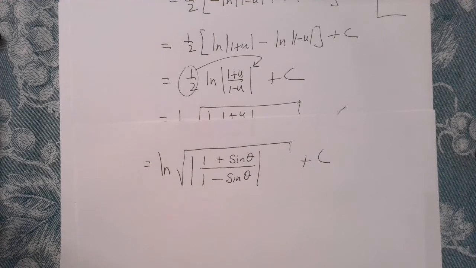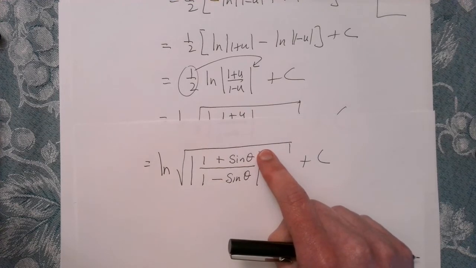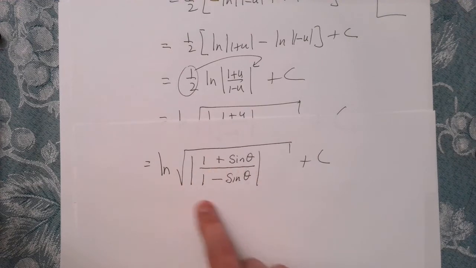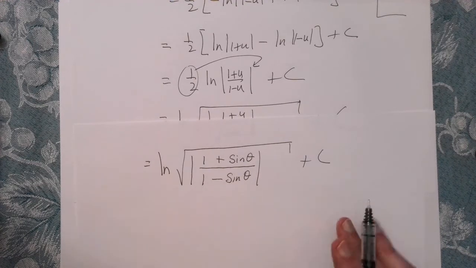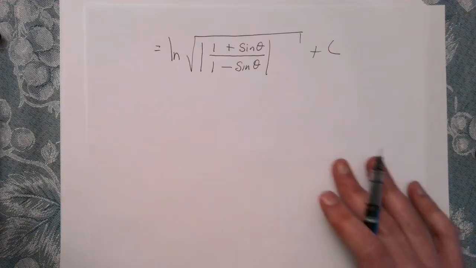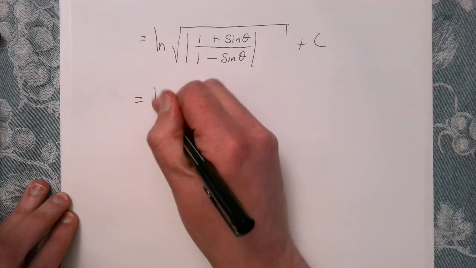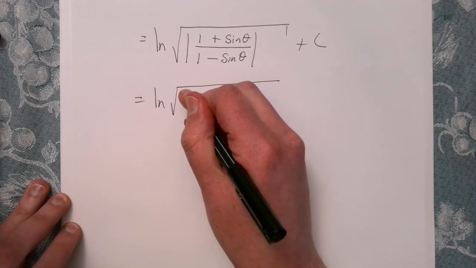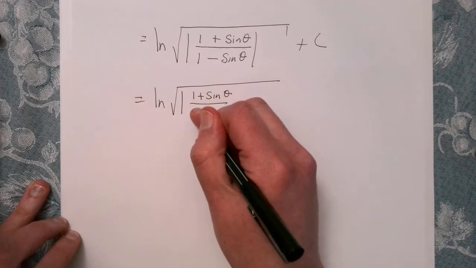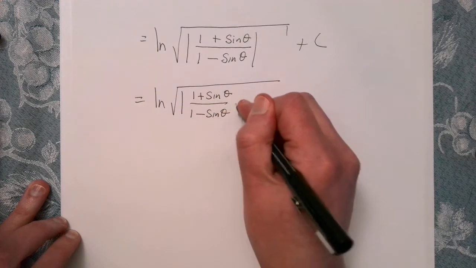Well, let's think about this. If we multiply the top and the bottom by 1 plus sine of theta, the denominator is going to give you 1 minus sine squared, and a Pythagorean identity will lead us towards cosine squared. Let's try that and see what happens. I think that'll be a little bit clearer. Okay, so here we go. Multiplying the numerator and the denominator by 1 plus sine of theta over itself, right?